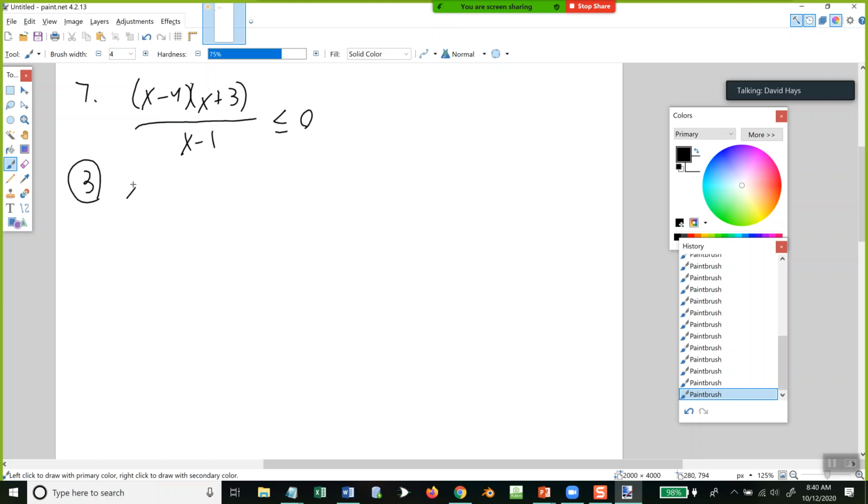Then set each factor equal to 0. So I'll set x minus 4 equal to 0, x plus 3 equals 0, and x minus 1 equals 0. And I get x equals 4, x equals -3, and x equals +1. And those are our critical values.